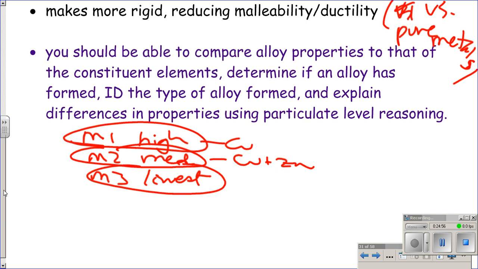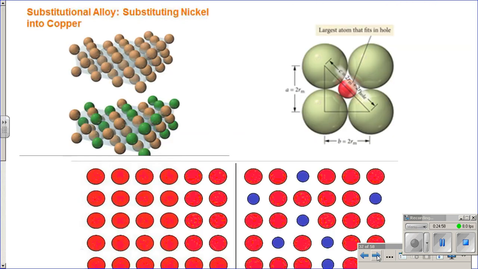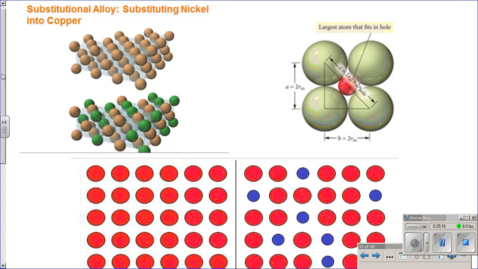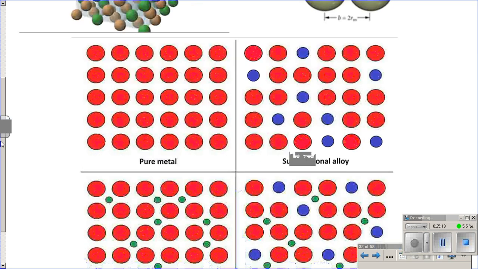Particulate drawings are going to look something like this. So you can see it's in lattice form. The substitution has occurred, so we've got green and orange versus just orange. This is interstices. Interstitial is between the atoms of a particular metal here. And then this one, you can see the difference in size.